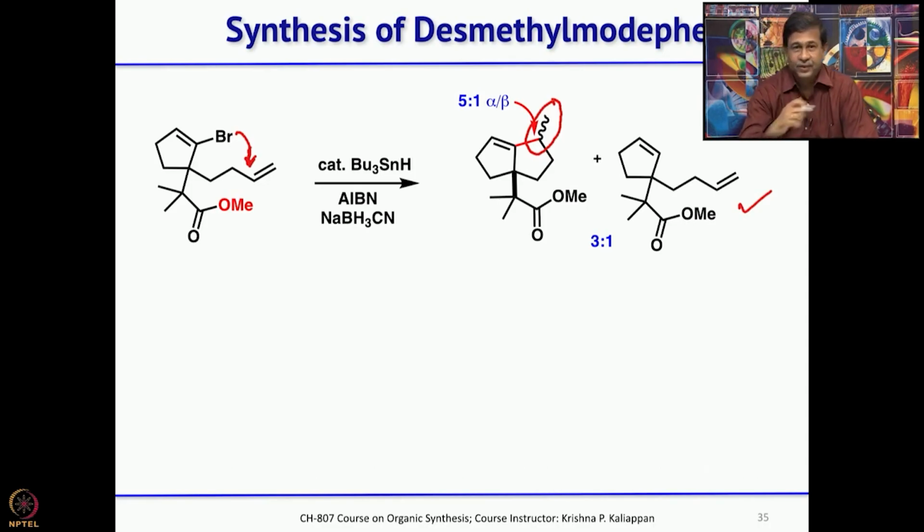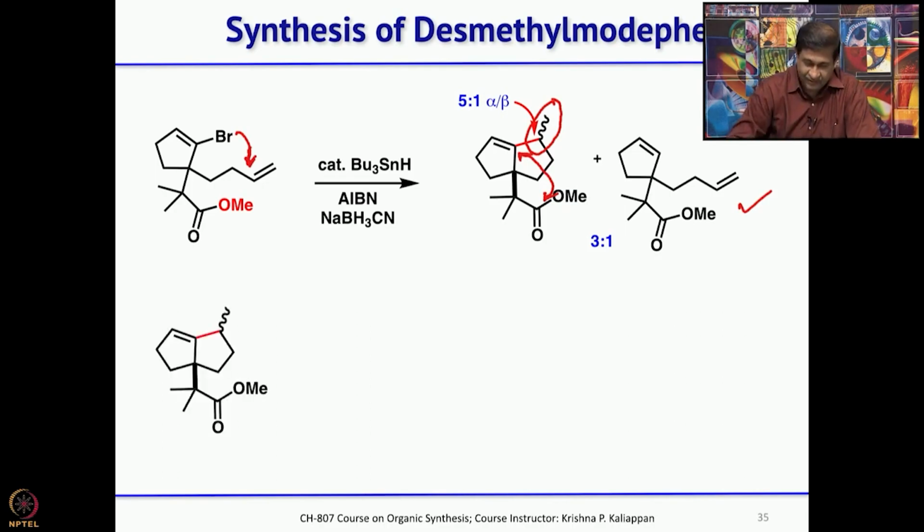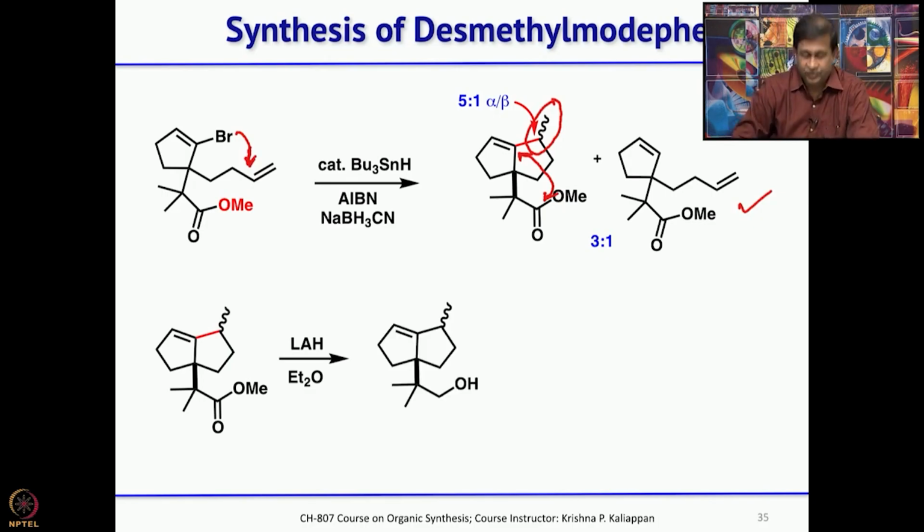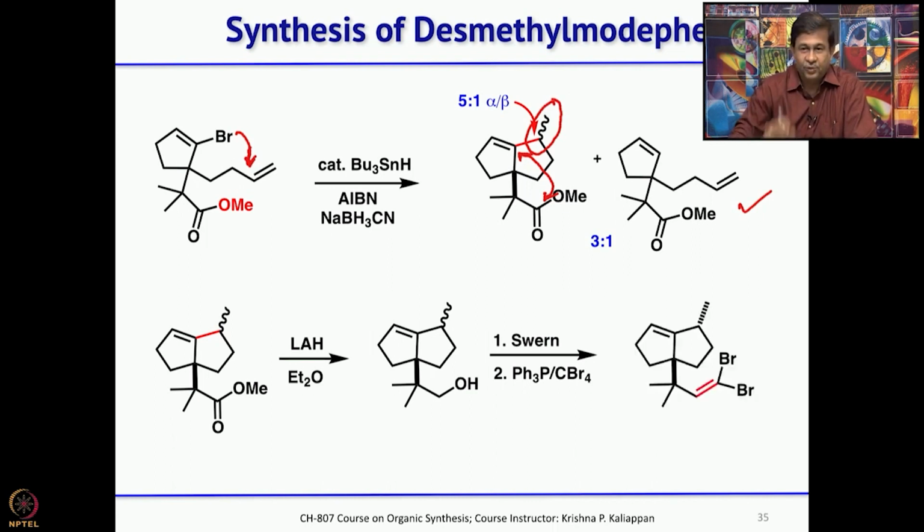Now what he has to do is connect these two carbons to form the third ring. For that, he reduced the ester to alcohol. Once you have the alcohol, you oxidize to aldehyde, and then treatment with triphenylphosphine and CBr4 will give you the corresponding dibromoalkene.